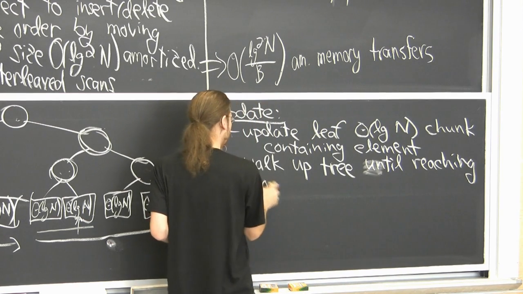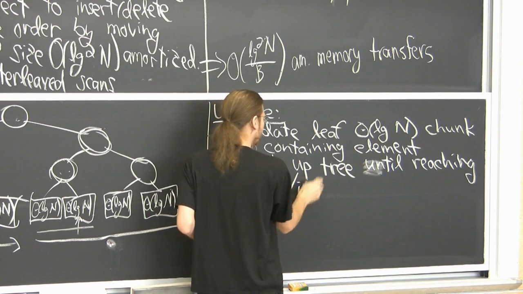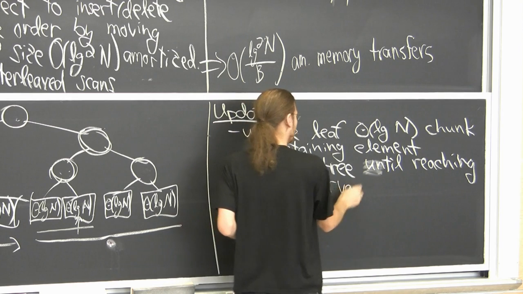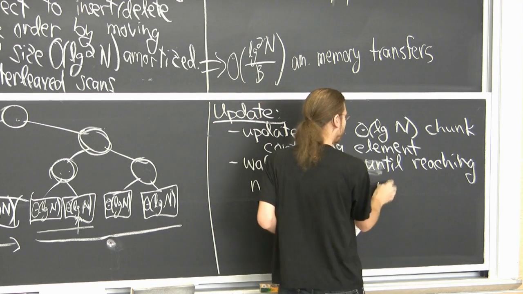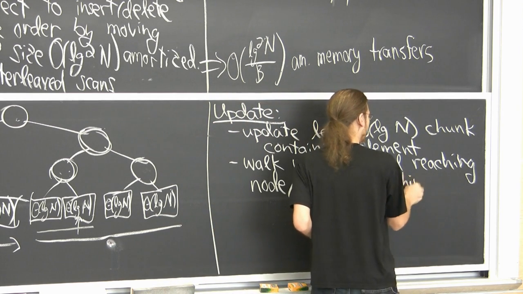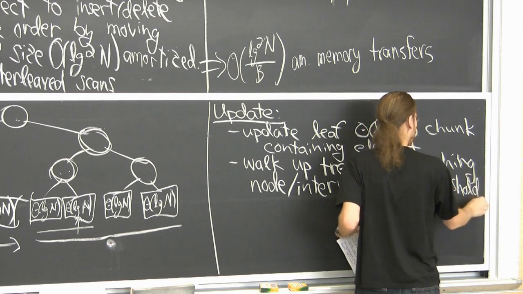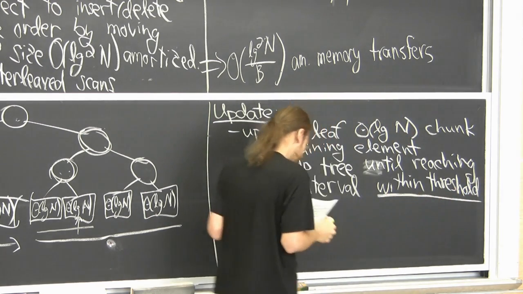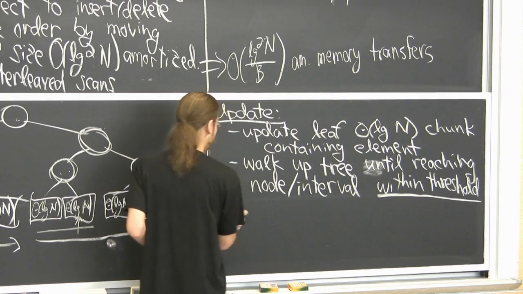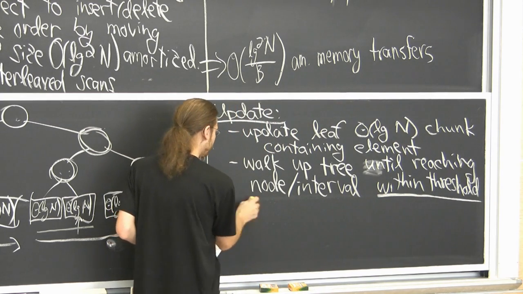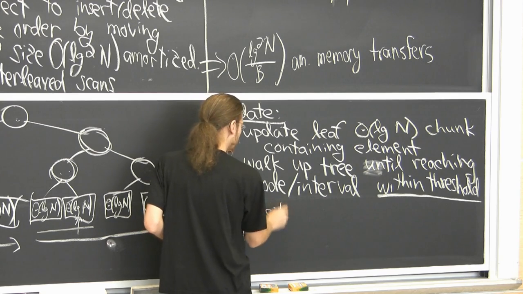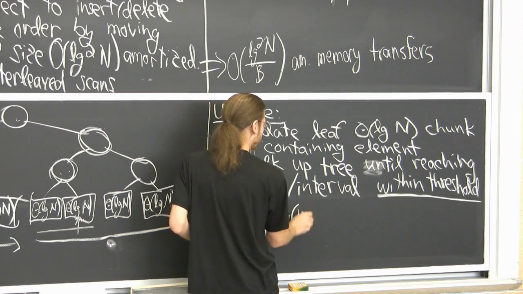And we're going to call that node, or that interval, within threshold. Okay, so let me define within threshold. We're going to look at the density of a node or an interval.